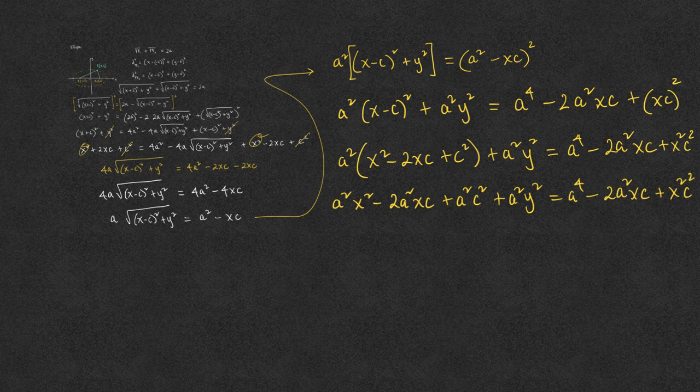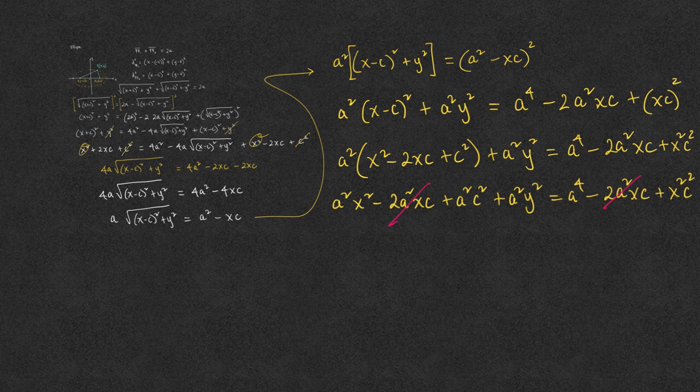And we see that there are two like terms, minus 2a squared xc and minus 2a squared xc, and so they cancel out because they are on both sides of the equation.